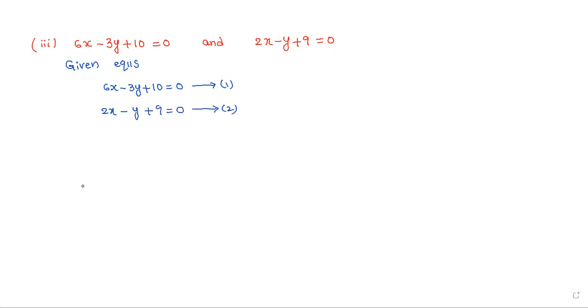So comparing coefficients, a1 equal to 6, b1 equal to minus 3, c1 is equal to 10, a2 is equal to 2, b2 equal to minus 1, c2 equal to 9.